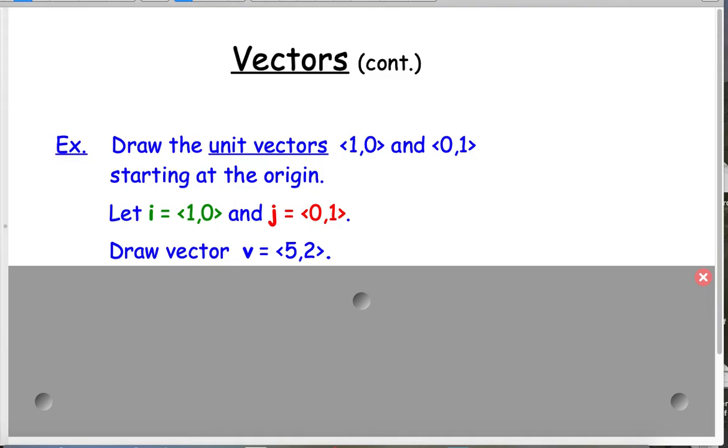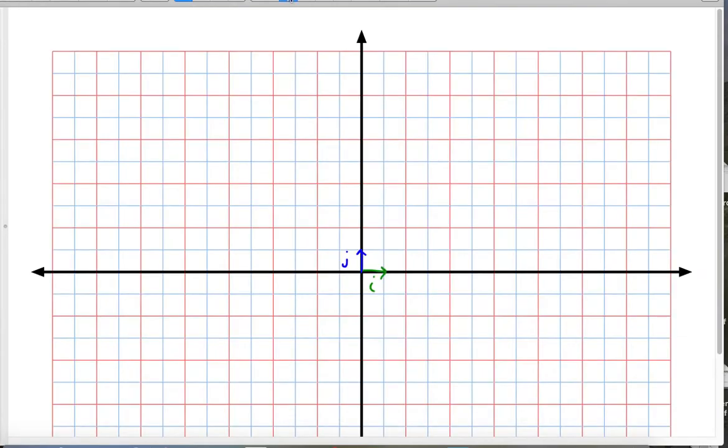So now if I draw a vector, let's say (5, 2). Go ahead and do that in a different color. So over 5, up 2, it's right to there. What I'd like to do is to be able to represent this as a combination of the i vector and the j vector.